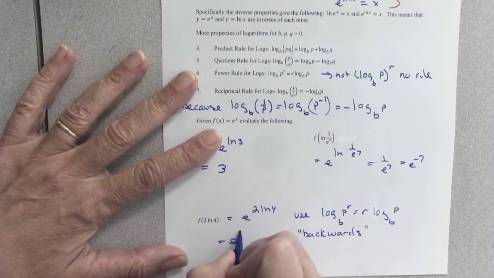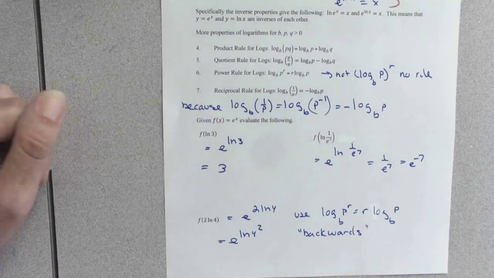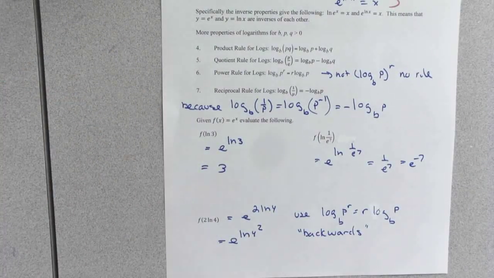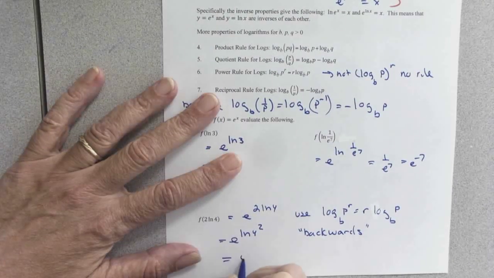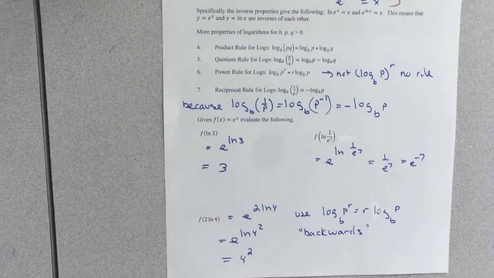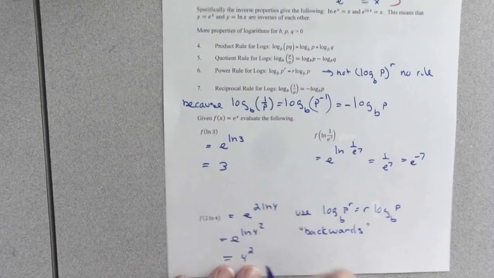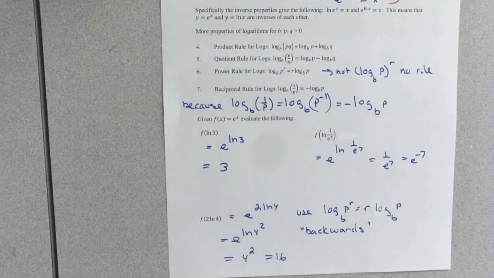So this becomes e raised to the natural log of 4 squared, because that's what my power rule for logarithms says. You can use it in whatever order makes sense. Now my e and natural log are touching, so I get 4 squared, or 16.